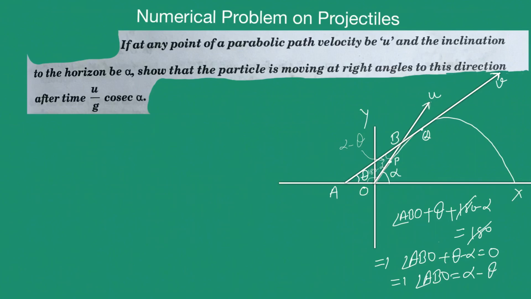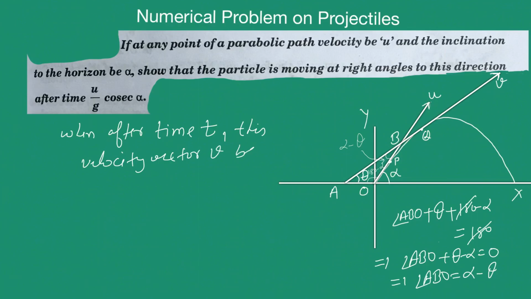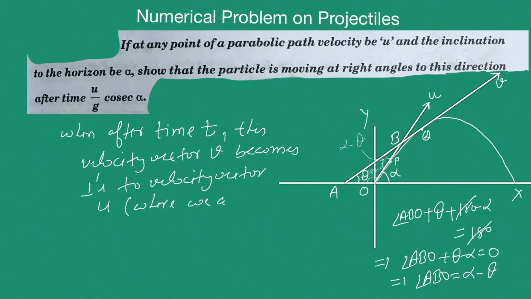Now the given condition is that after time t, this velocity vector v becomes perpendicular to velocity vector u, where we assume the time we start measuring from that point P, and after that lapse of time t, we have vector v.